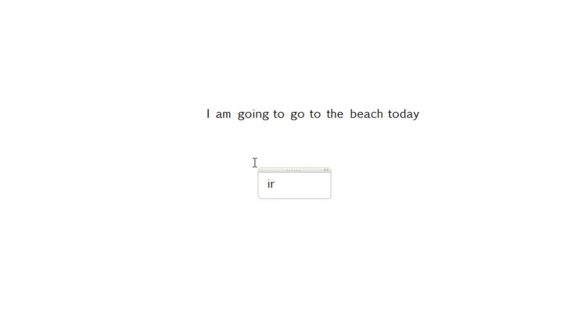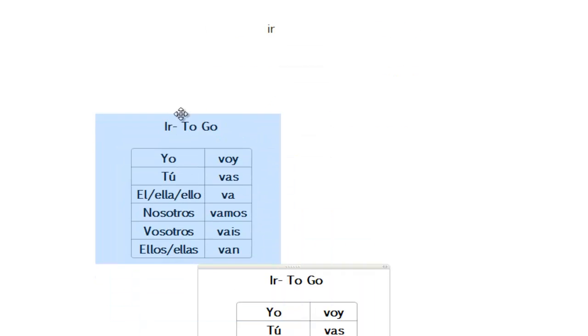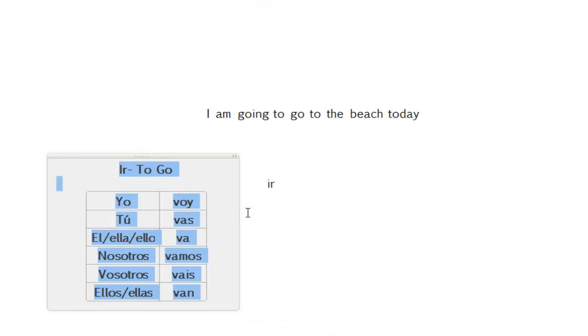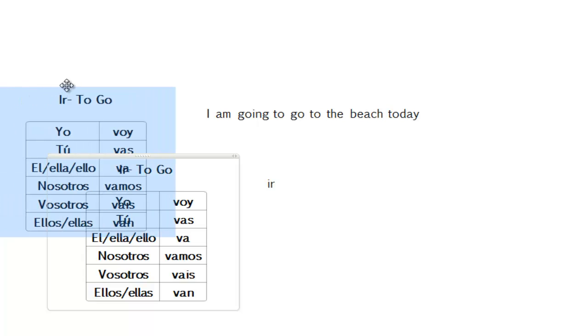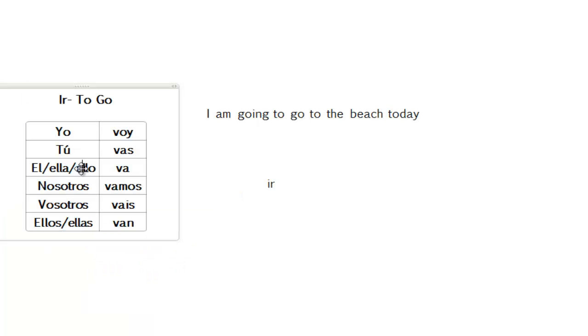All right. Now, if I just bring this up, and there we go. Here is how you say ir and how you conjugate it. So we'll just put that there to the side. It's very irregular. It's one of these ones you're going to learn, but it doesn't matter because you're going to be using this a lot, so it'll come very easily.